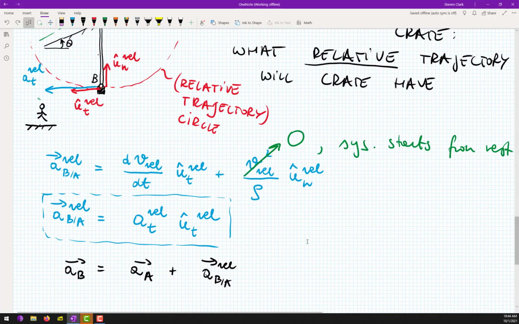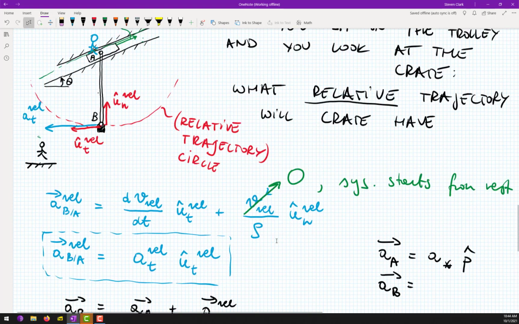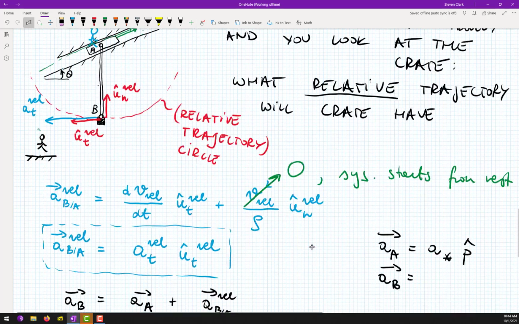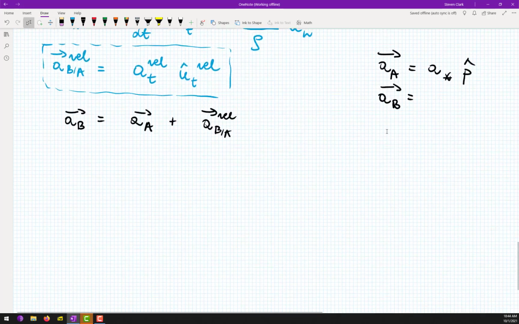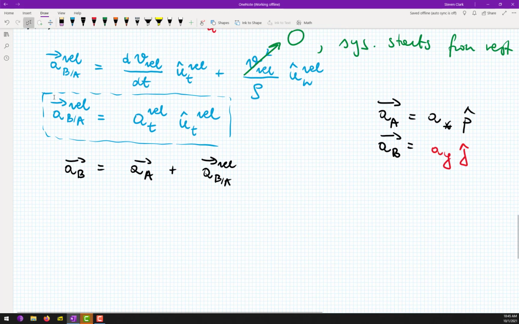AA is A star in P direction. Now, our AB we found at the very beginning. Can I scroll up the board? We know it has only a horizontal component based on our FBD. And ABA we just found here.